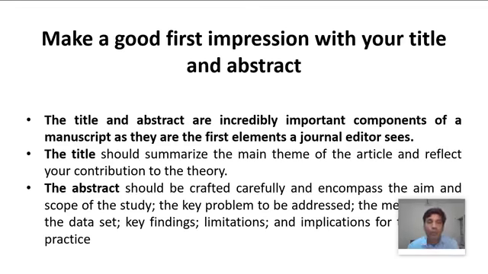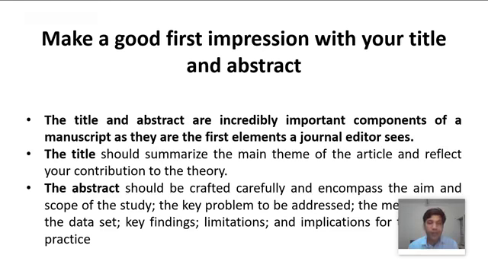Now, once your manuscript is ready for publication, the first and most important step is to make a good first impression with your title and abstract. The title and abstract are very important components of your manuscript, as they are the first element a journal editor sees.